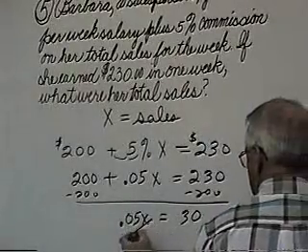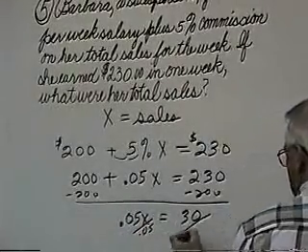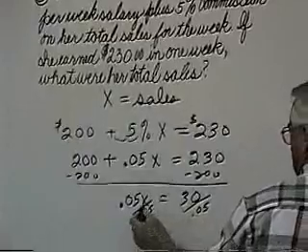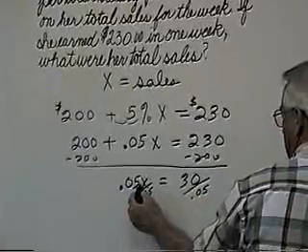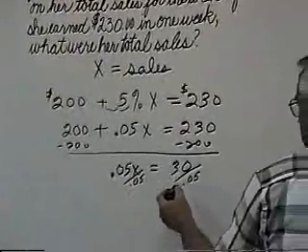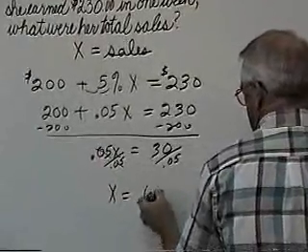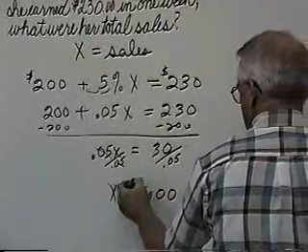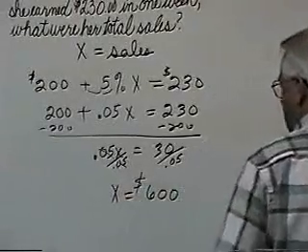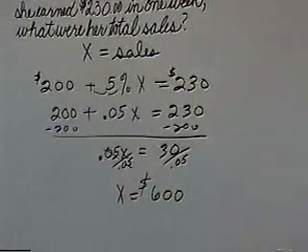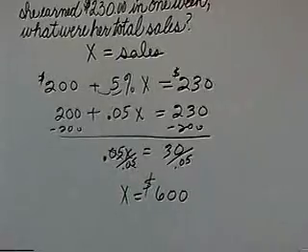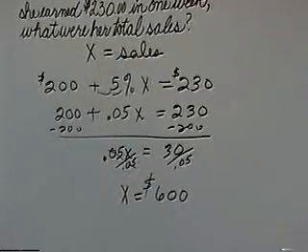Now dividing both sides by 0.05, these two are connected by multiplication, so we divide, and so this gives us x equals 600. Now then, remembering what x stands for, therefore our answer is $600 in sales.